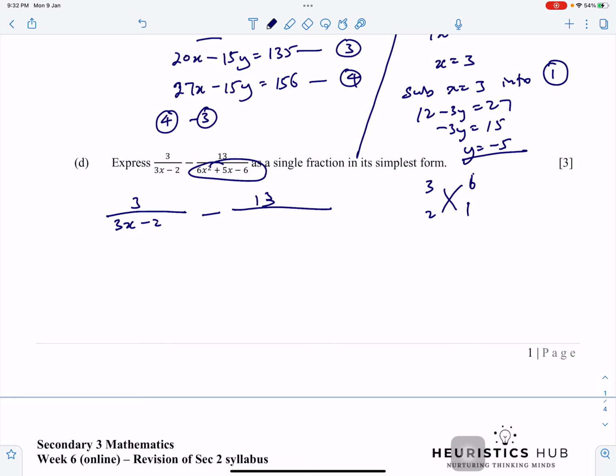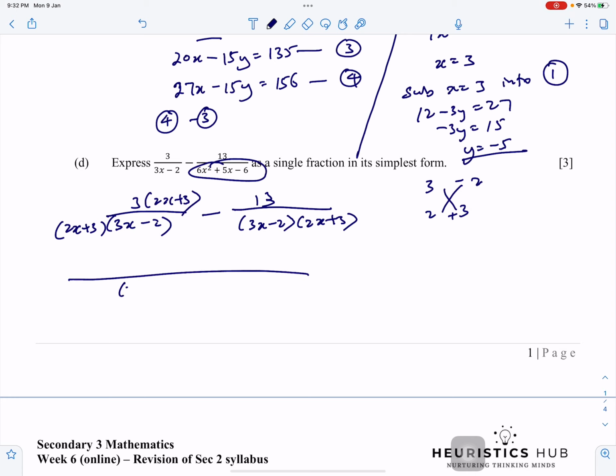Okay, so there you go. You get 3x minus 2 and 2x plus 3. And you realize that the other side, this one, you also need to find the common denominator by multiplying 2x plus 3 on its numerator and denominator.